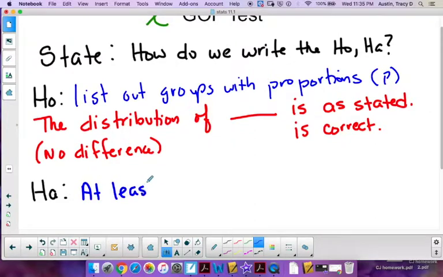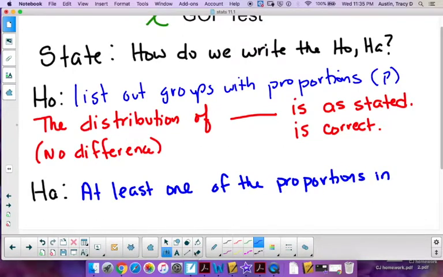At least one of the proportions is incorrect. Okay, that allows it to be 1 all the way up to all of them, but we're not allowed to say that the whole thing is just incorrect.